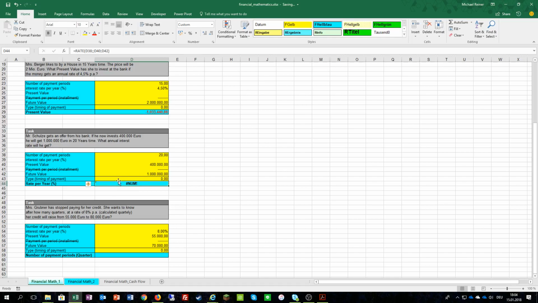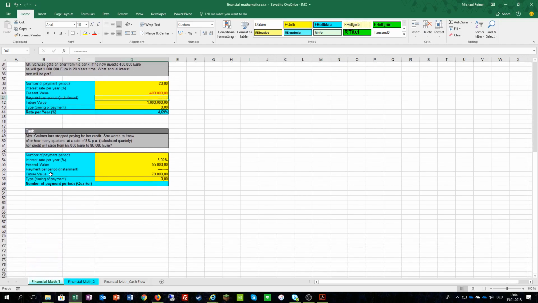What went wrong is that we have 400,000 as a positive amount and the million as a positive amount, according to the plus and minus we used. But due to the fact that we're investing 400,000 euro, we're paying those 400,000 euro. So I personally would put this with minus, and that means if we now pay 400,000 euro, and in 20 years we get 1 million, we're getting a percentage of 4.69.